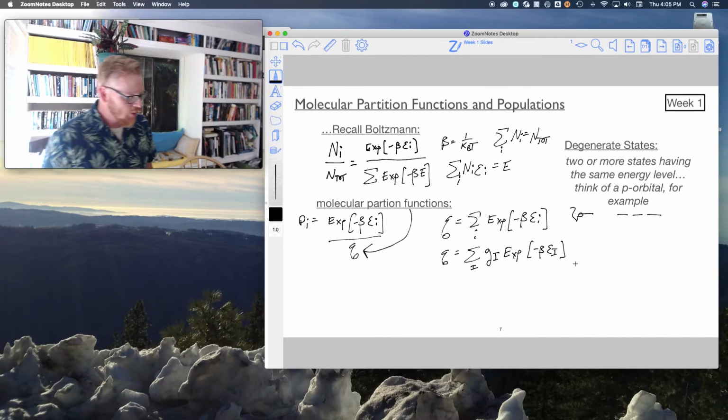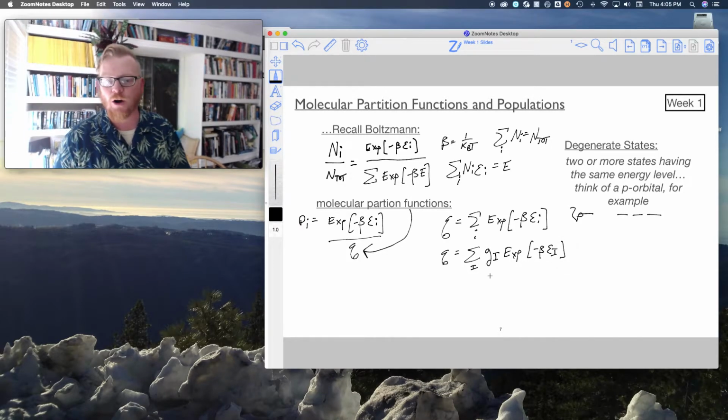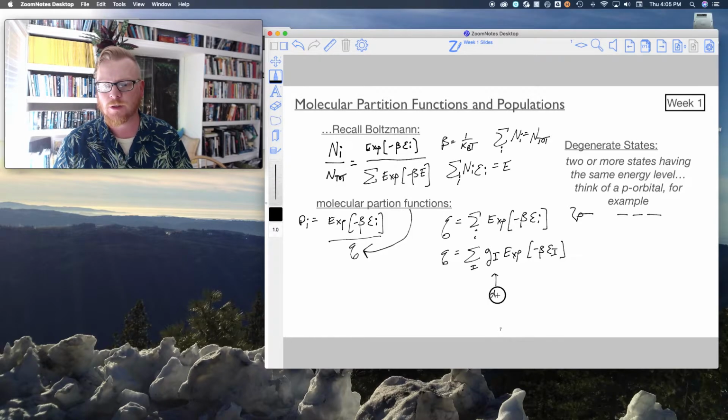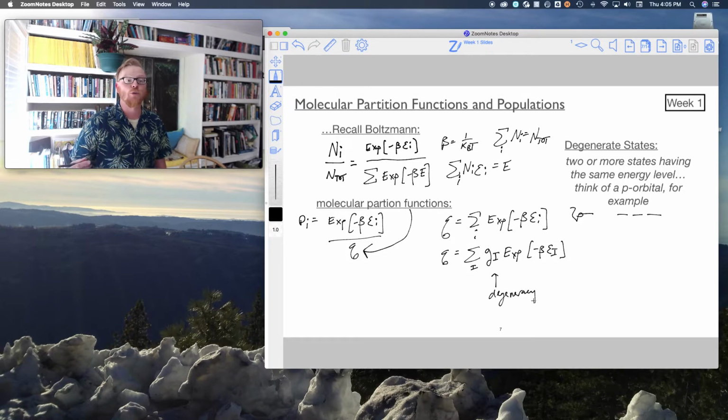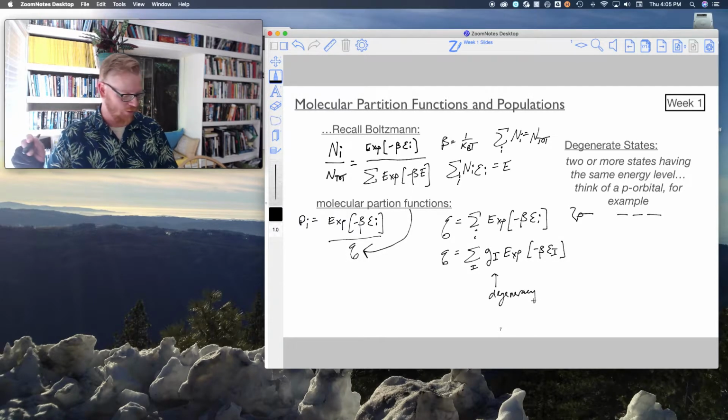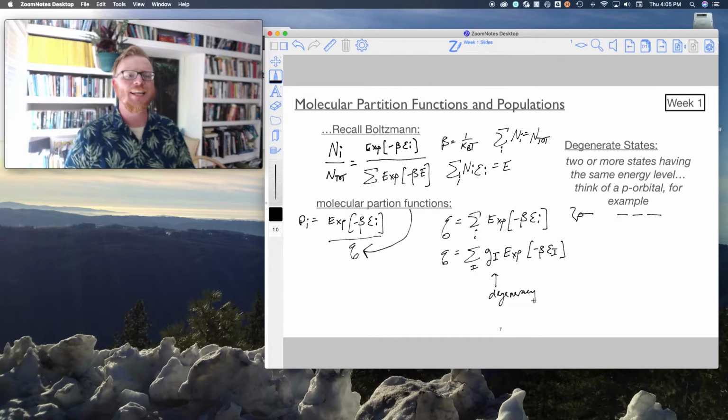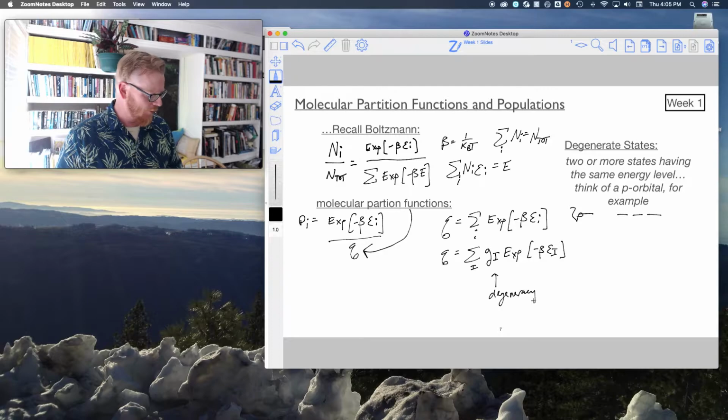So if there are degenerate terms, then we can account for them when we're summing up this total population. We're not really going to get into the nitty-gritty details of degeneracy until 362 with spectroscopy, but it's a good time to introduce this concept.